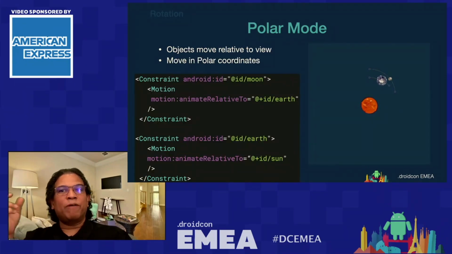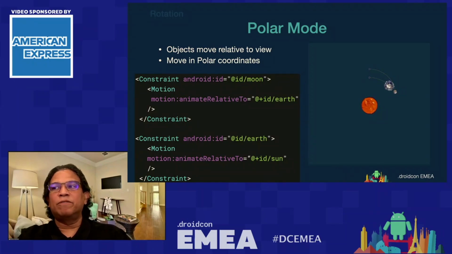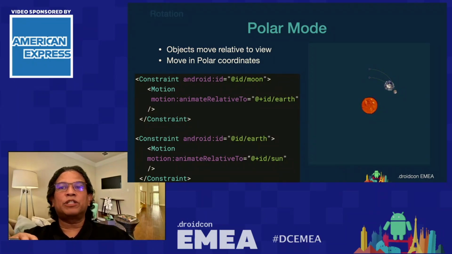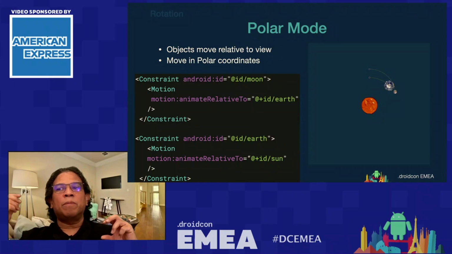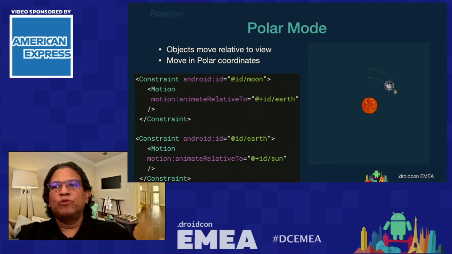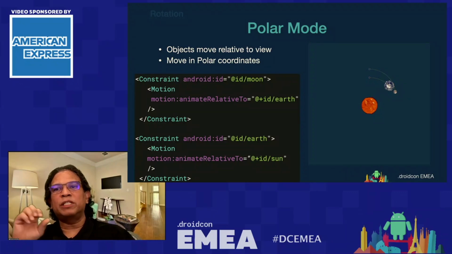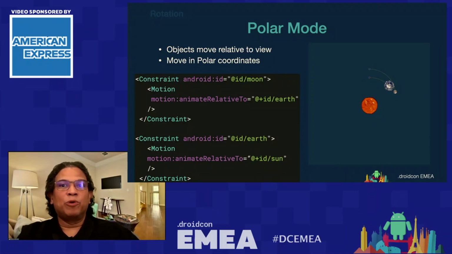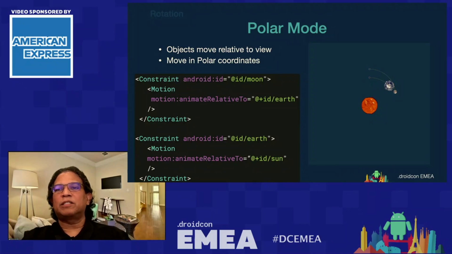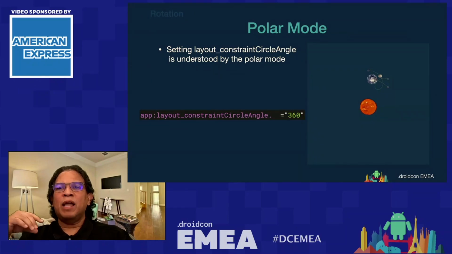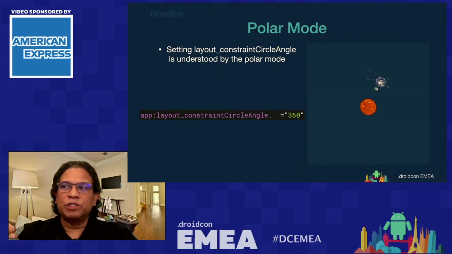So what you have to do is define a constraint where you say animate relative to. And now the animations actually map to a polar coordinate type system where it's rotating in a way that makes much more sense in this particular context. And in fact, it's aware of your circle angle.